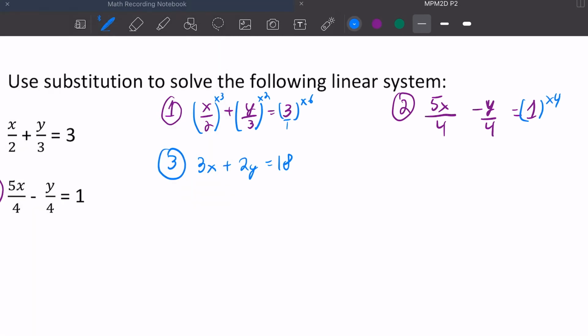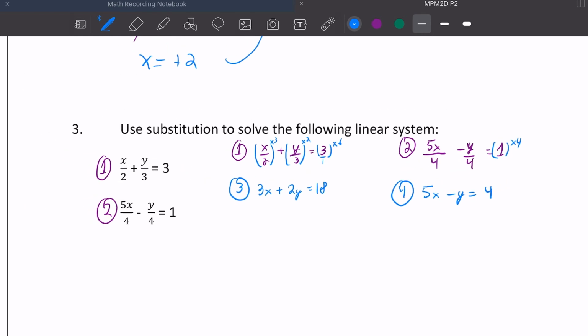And if we do that, we can simply knock out these 4s. So we get 5x minus y equals 4. And that is our new equation that we're going to call equation 4.